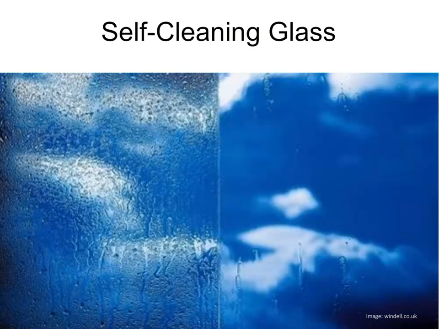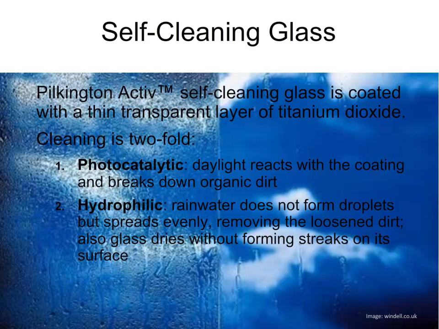Actually, this product is quite old. It has been on the market since 2001 and has been extensively used by the building industry. You may compare the cleanliness of the two glass plates, ordinary on the left-hand side and the Pilkington glass on the right. There is a clear difference there, isn't it? Pilkington glass is coated with a thin layer of titanium dioxide that is transparent.